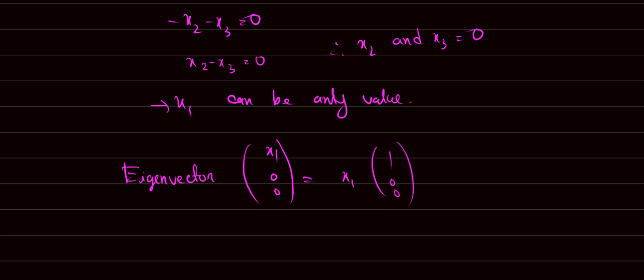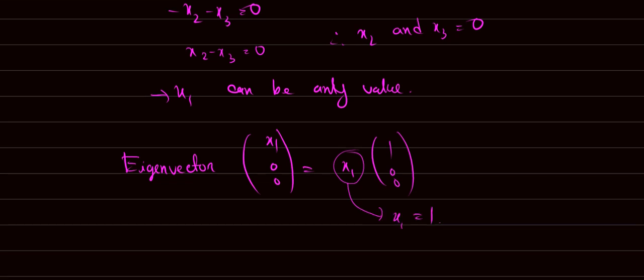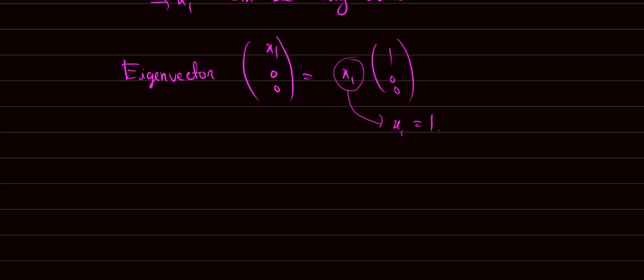It can be anything, we will choose x1 equal to 1. So the eigenvector is 1, 0, 0. Normally we take the normalized vector, but this is already normalized. It has modulus 1.